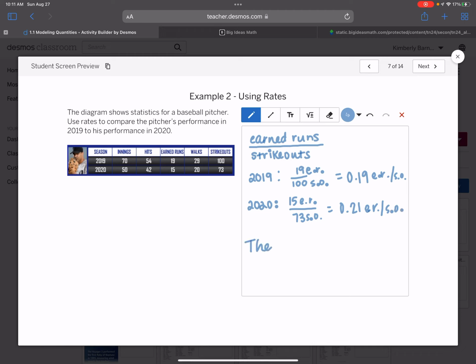So the pitcher, if I want to summarize this, I'm going to say the pitcher had more earned runs per strikeout in 2020.